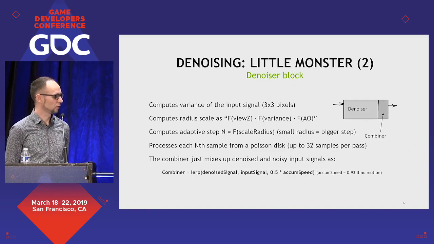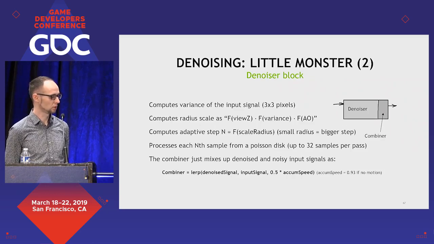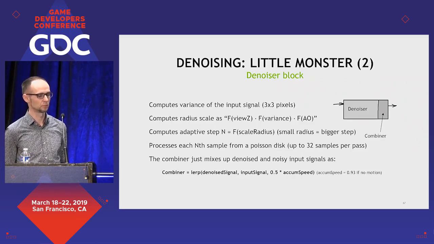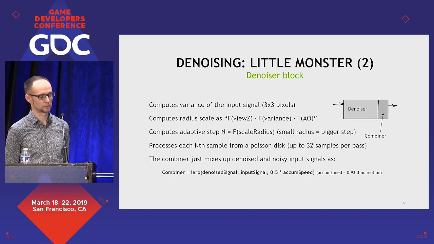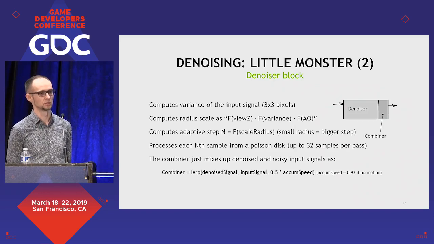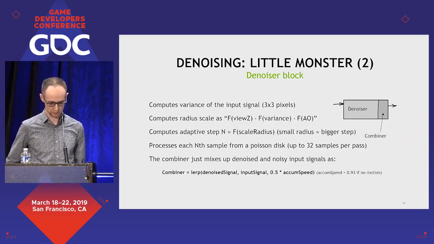At the very end, the combiner just mixes the input noisy signal with the denoised signal. Usually the ratio is 50-50%, but it can be shifted towards the denoised signal if something bad with the history buffer is detected, like sampling out of screen, or occlusion is detected, or just pixel velocity is high.